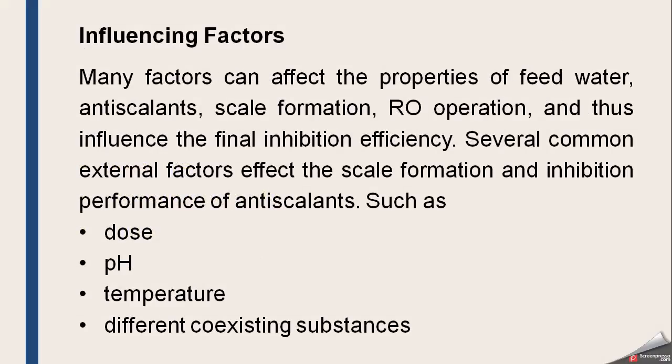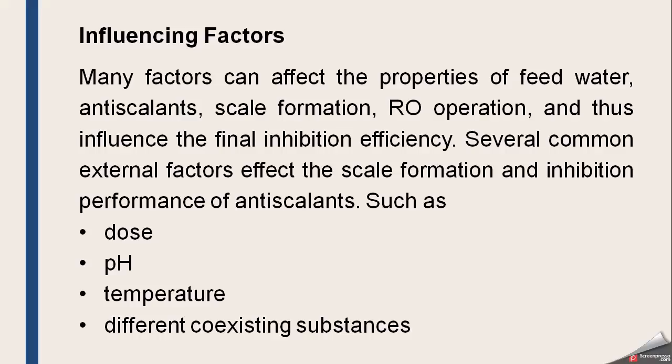Now we will discuss the influencing factors which can affect the properties. Basically, these factors affect the properties of feed water, antiscalant, scale formation behavior, and operation of reverse osmosis, and ultimately affect the final inhibition efficiency of the antiscalant.